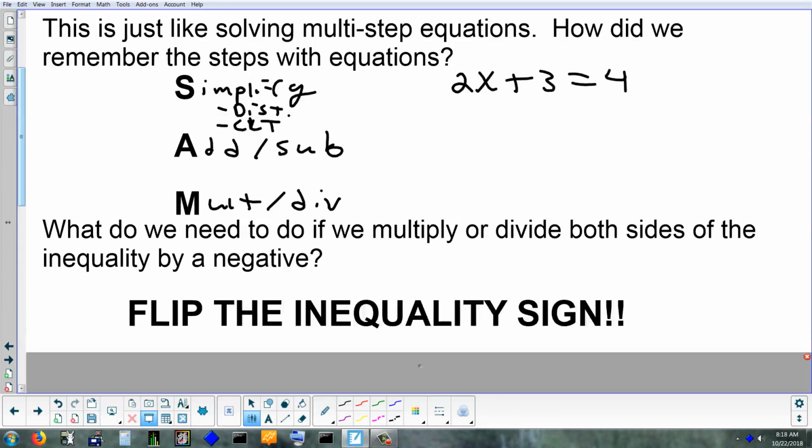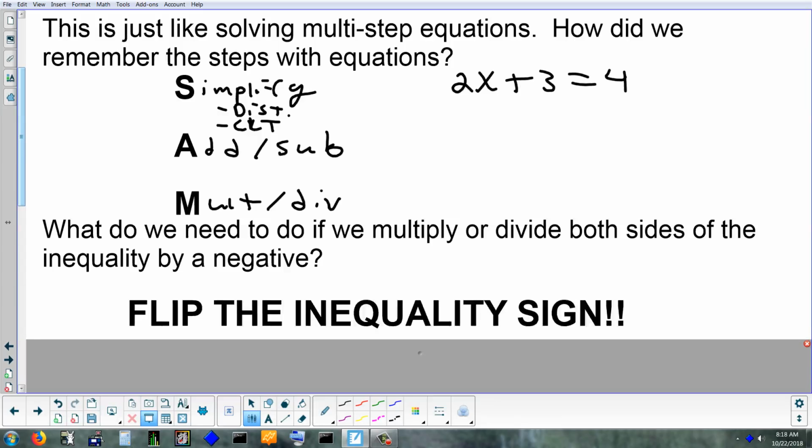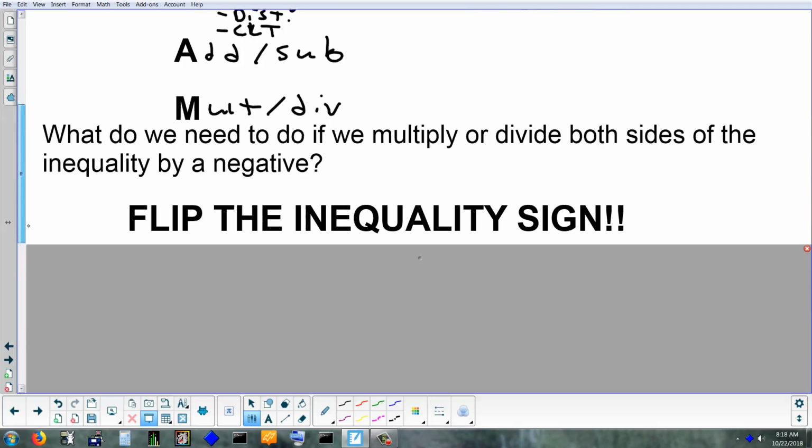Flip the sign. Yep, flip the sign. Okay, so if you multiply or divide by a negative, flip the sign. What if you add a negative number to both sides, which is really subtracting? But what if you do that? Do you flip the sign? No. You don't flip the sign if you're adding and subtracting. Only multiplying and dividing.